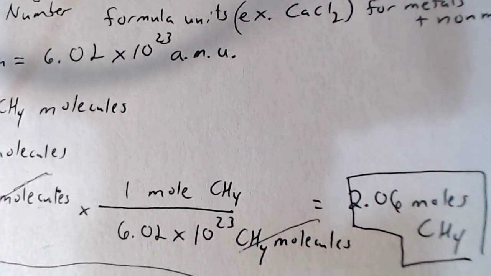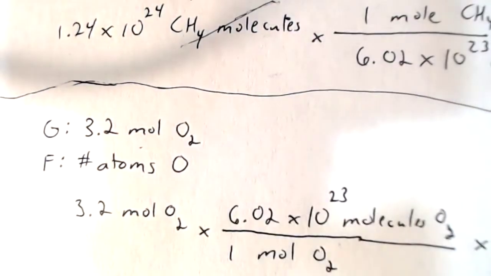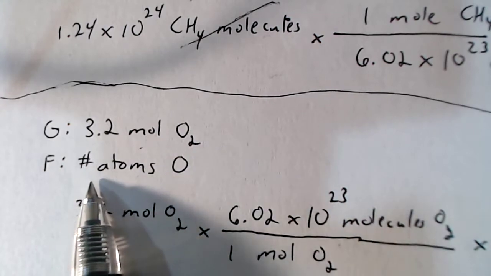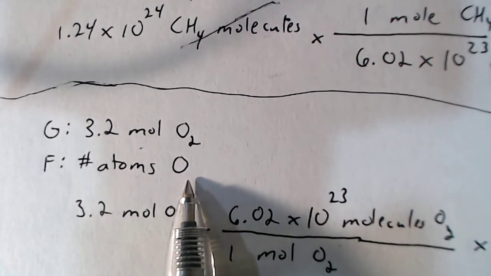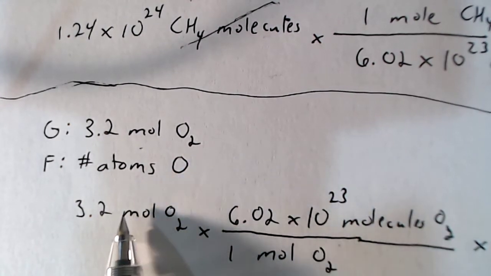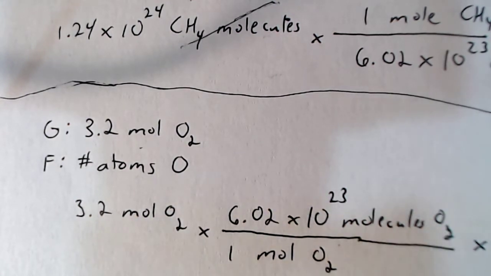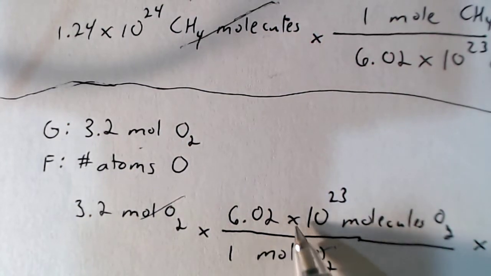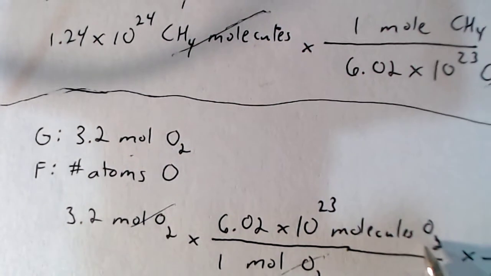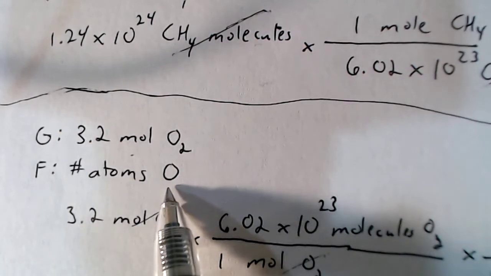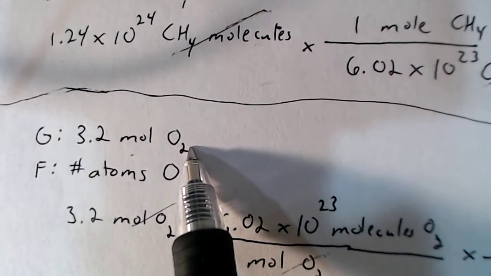Okay, next question. What if we had 3.2 moles of O2? How many atoms of oxygen are there? We have moles of O2, and for every mole of O2, there are 6.02 times 10 to the 23 O2s. But O2 is a molecule. We cannot stop here. We're asked how many atoms of just oxygen are there, not how many molecules of O2.